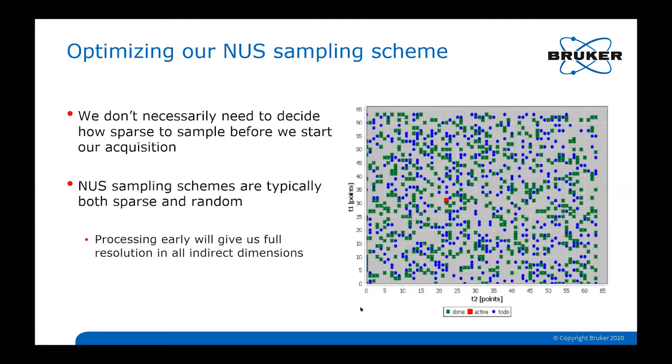So it's a very useful way, if you're going to be checking in on the spectrometer while the acquisition is in progress, to ask how much NUS sparse sampling can I get away with? So just set it up for more than you need, check on it, and stop the acquisition when you decide it's good enough. There are some new automated tools for doing this that I'm not going to go into, but it's something that potentially can be automated as well.